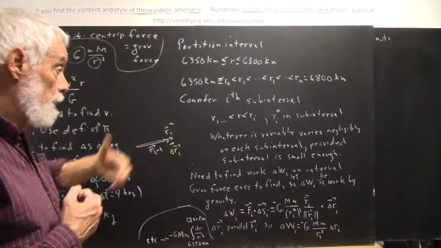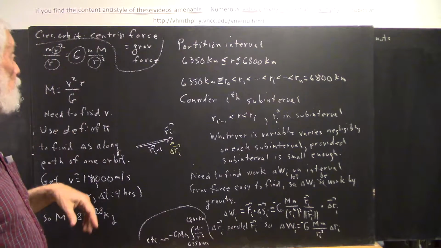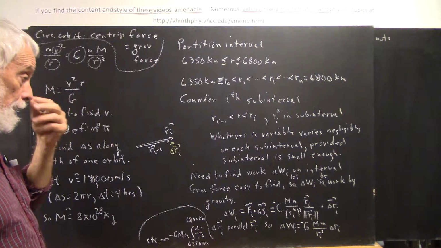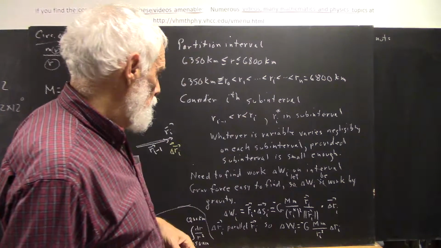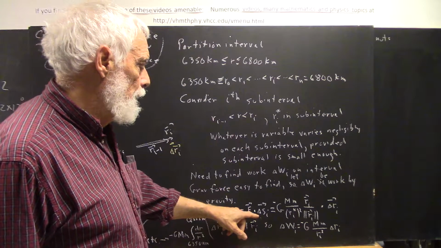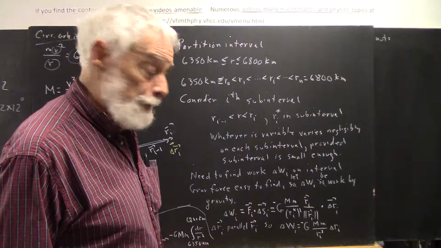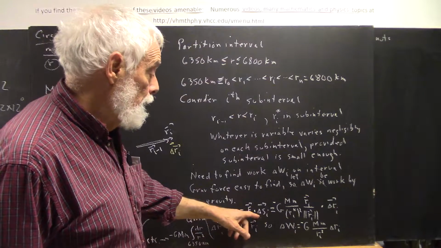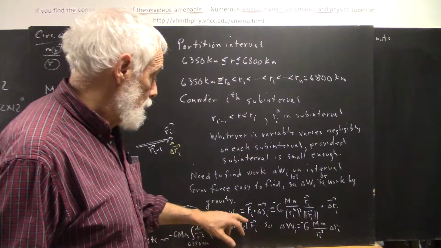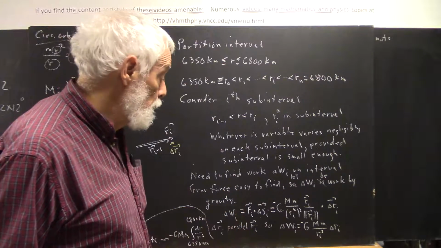If the interval is small, it'll do. So we plug in r sub i star here to get our force. Okay, delta W sub i equals F sub i dot delta s sub i, delta s being our displacement and F sub i being our force.